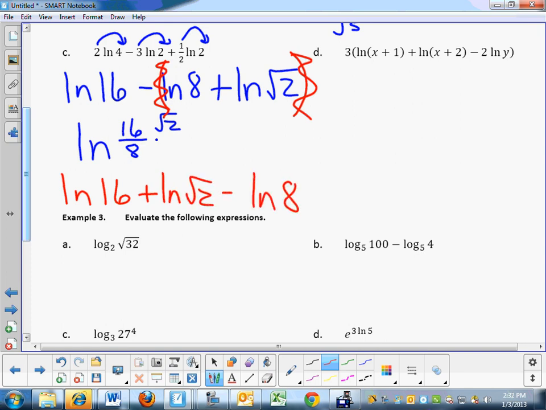I mean, you can rewrite that to look like that. And so you got 16 times square root of 2 divided by 8. What's 16 divided by 8? 2. That's the answer. You're smart.